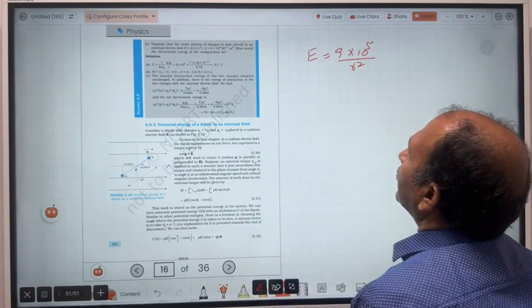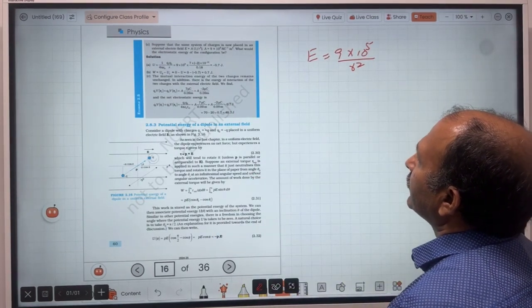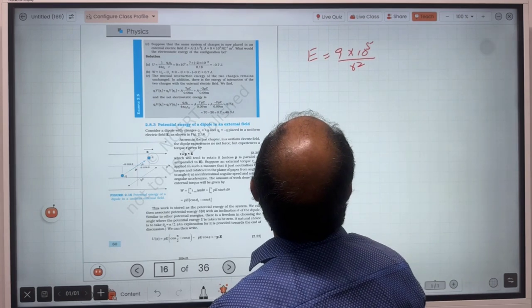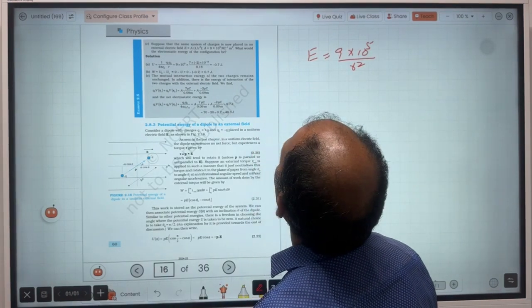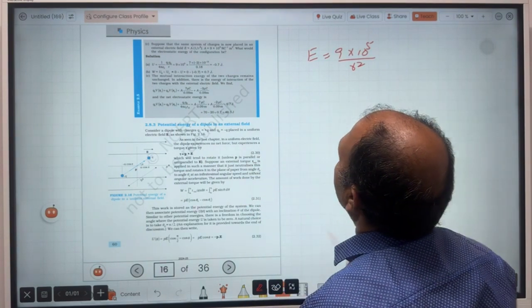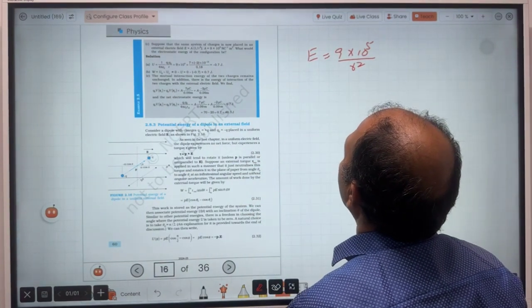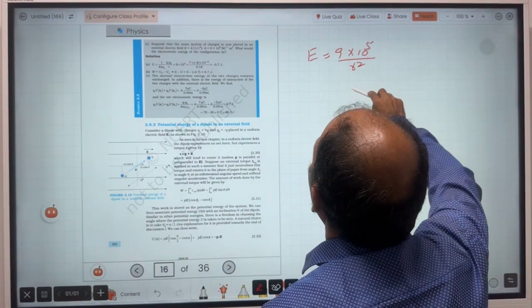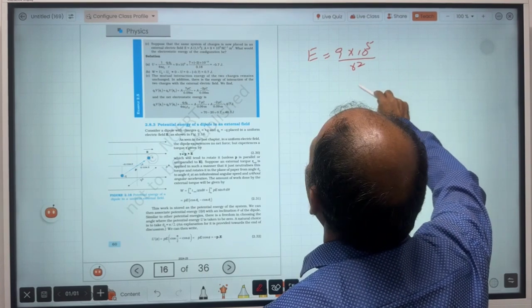Now we can evaluate it by putting in the value of this electric field. Now we can get the potential. So what will the relation for potential be?